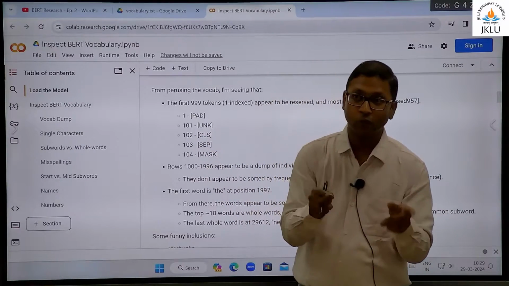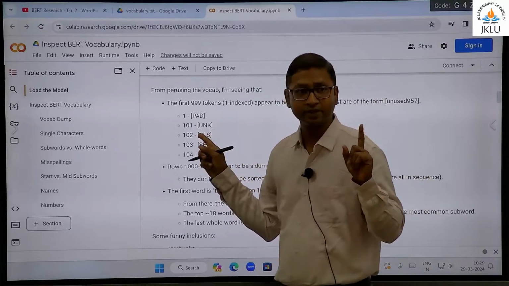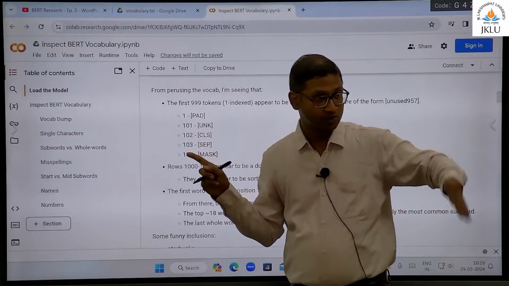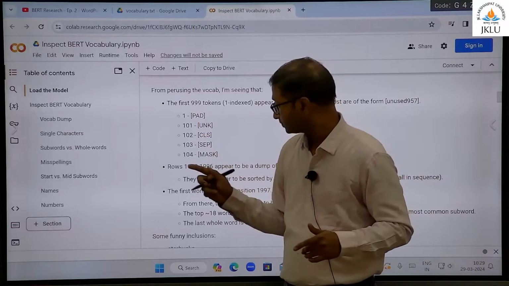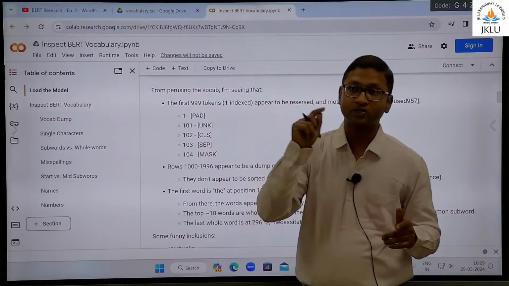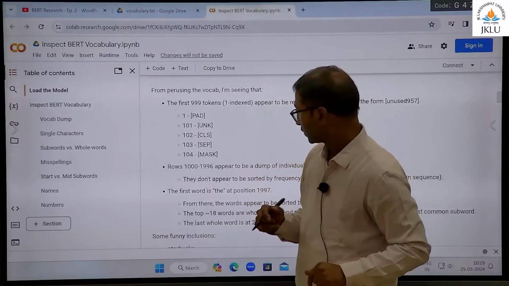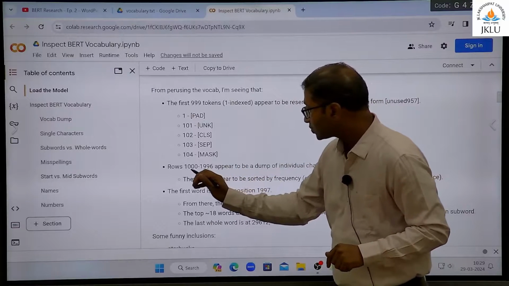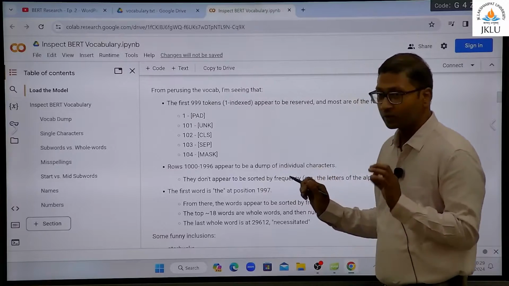It's a special token in BERT. What was CLS, by the way? That leftmost thing. SEP is the separator, and then this mask, which was used for masked language modeling.